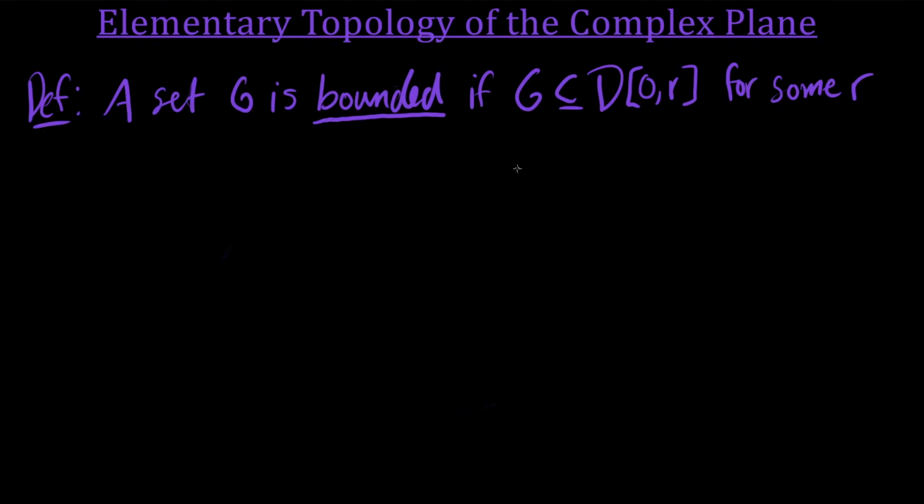All right, now let's talk about boundedness. A set G is bounded if G is a subset of the open disk centered at 0 with radius r for some r. And so let's go over an example. Is the open disk centered at 0 with radius 2 a bounded set?